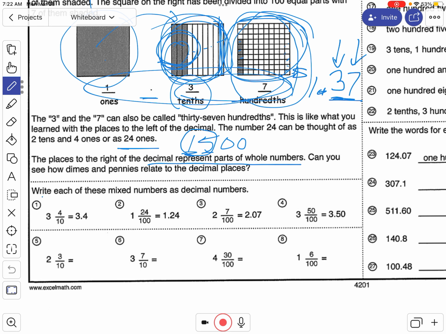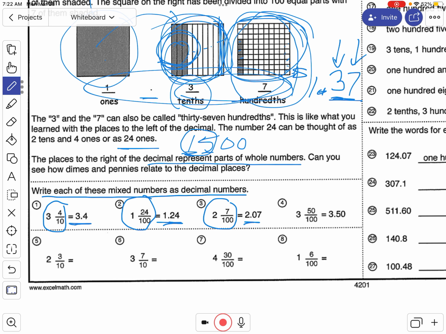All right, write each of these mixed numbers as decimal numbers. So 3 and 4 tenths is written as 3.4, or 3 and 4 tenths. You say it the same way. 1 and 24 hundredths is 1.24, or 1 and 24 hundredths. 2 and 7 hundredths, this is a little trickier, is 2.07.